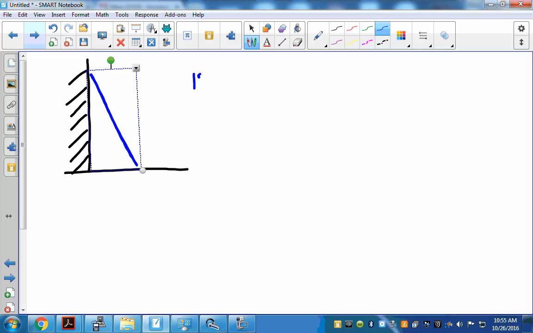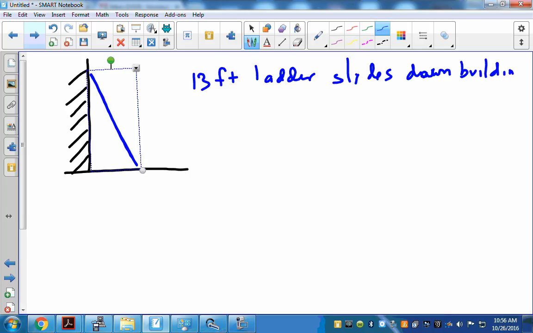A 13-foot ladder slides down a building at a rate of, let's say, 1/2 of a foot per minute.